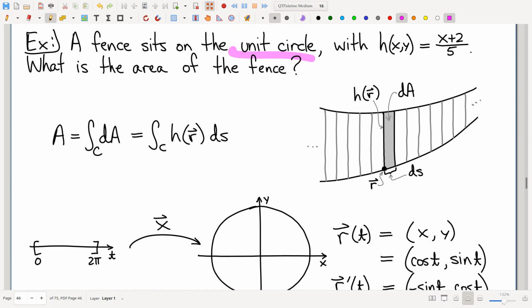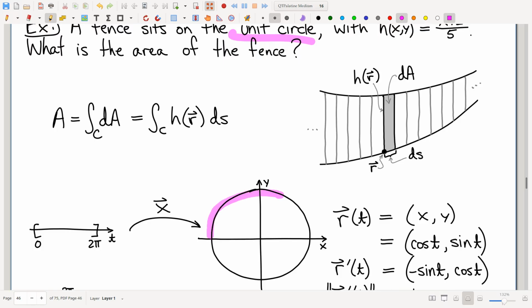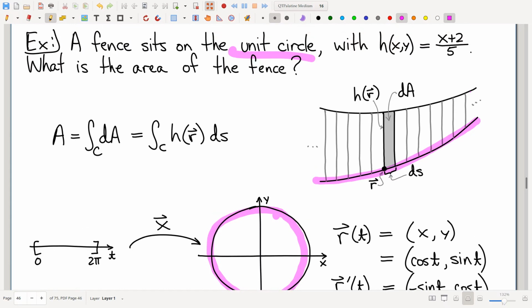So you've got your unit circle here like this, and this is a blown up portion of it. And on that unit circle, there is a fence sitting on top. I'm drawing what I'm going to casually refer to as pickets, but they're not the actual pickets. The point is these are little ds, little pieces of the curve, and how much of the fence sits on top of said little ds piece of the curve.